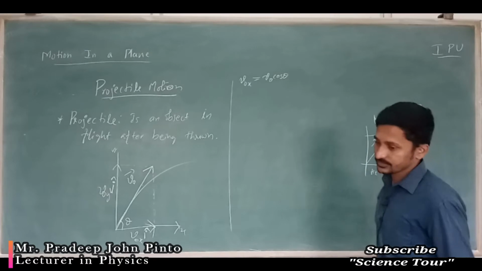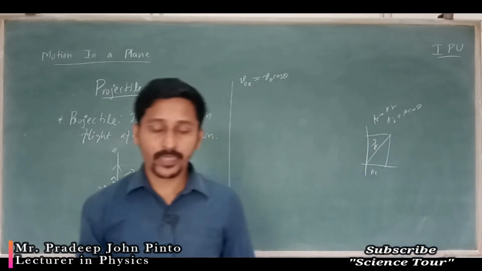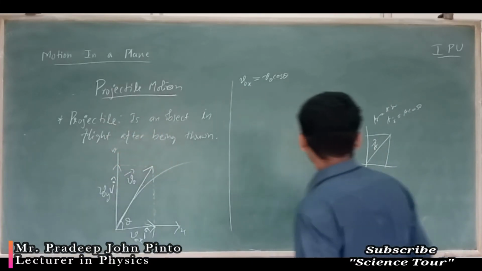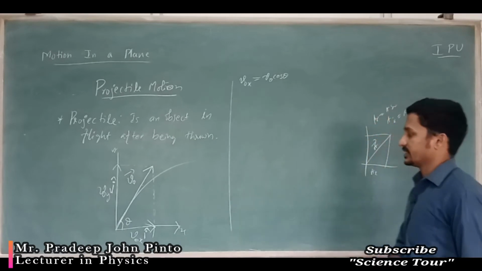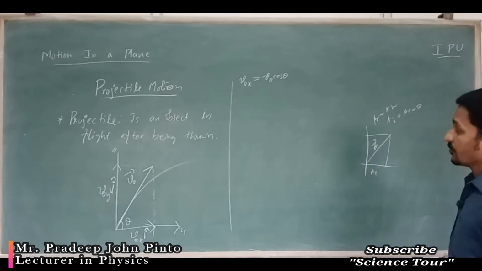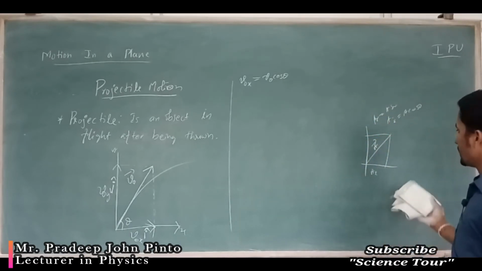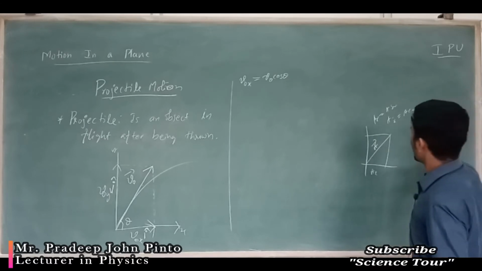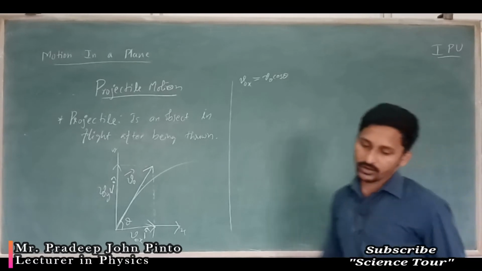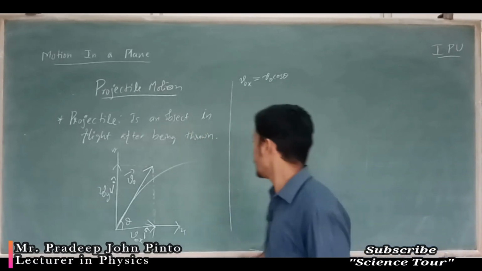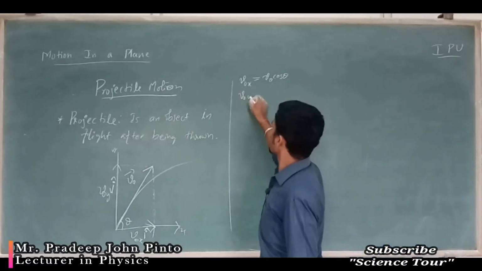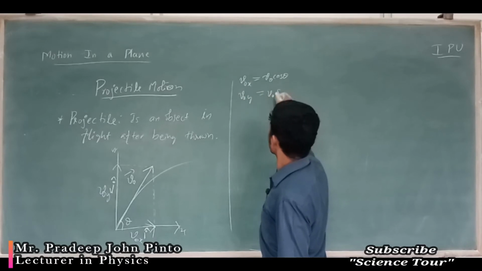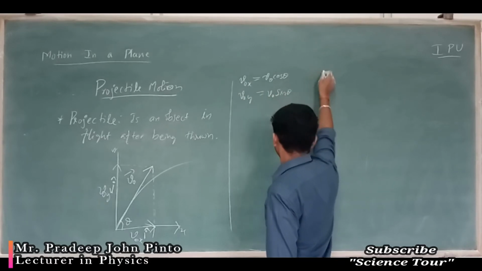Similarly here, in the place of a, v naught is there, in the place of ax, v naught x is there, and in the place of ay, v naught y is there. So v naught x is v naught cos theta and v naught y is v naught sin theta.